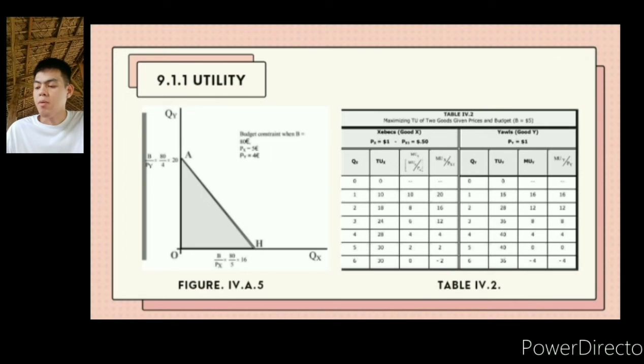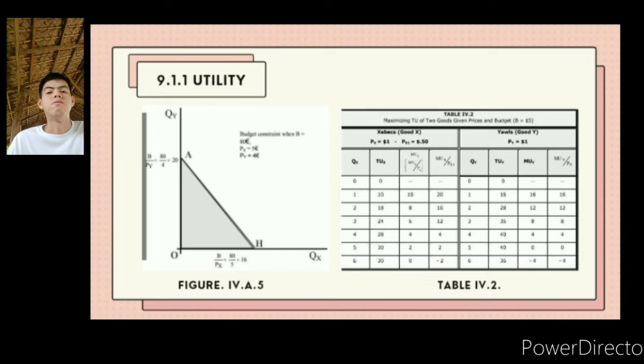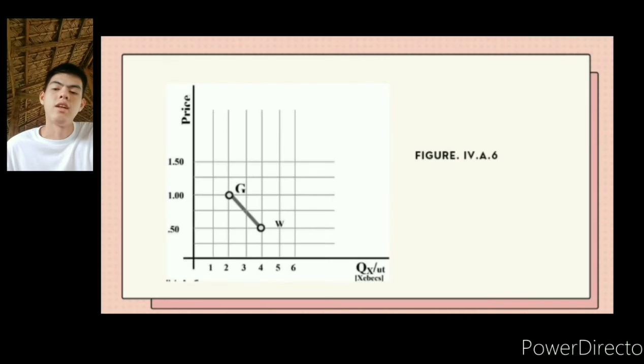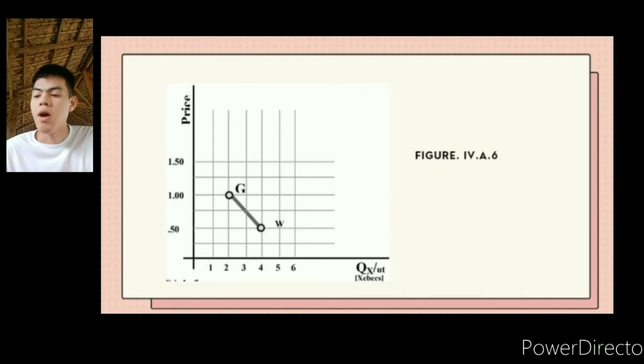The preferences determine the total utility and marginal utility derived from various units of the two goods, as we see in the table. Then let's proceed to figure 4.8.6.